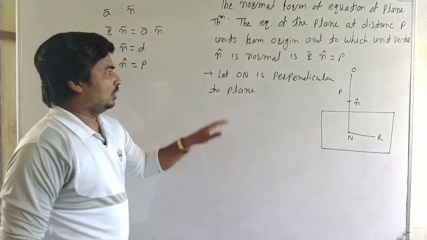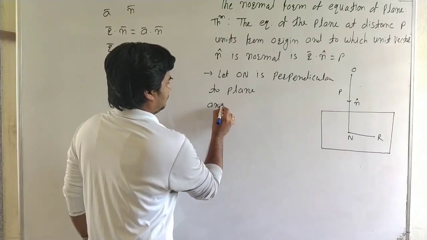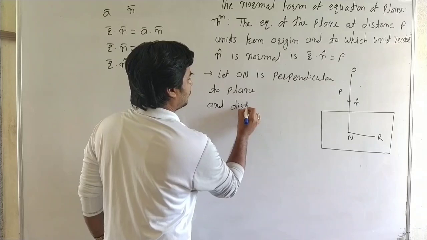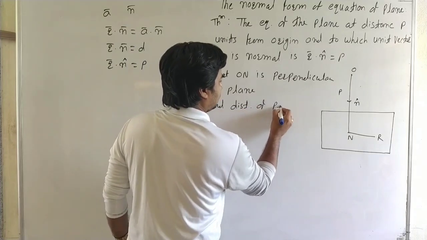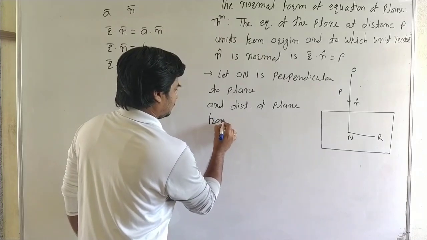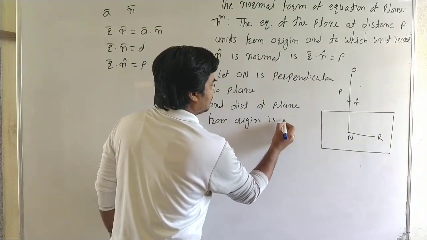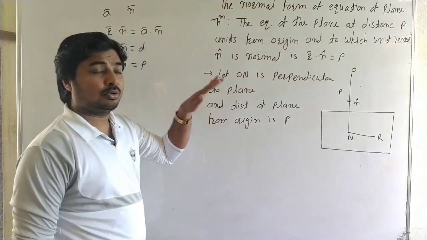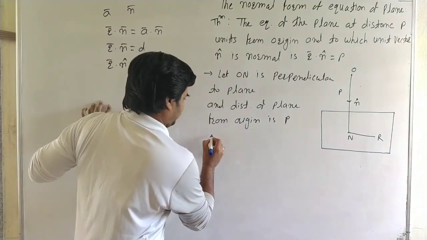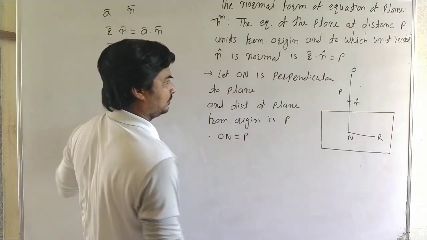See carefully, ON is perpendicular to the plane, and the distance of the plane from the origin is p, that means the length ON is equal to p.